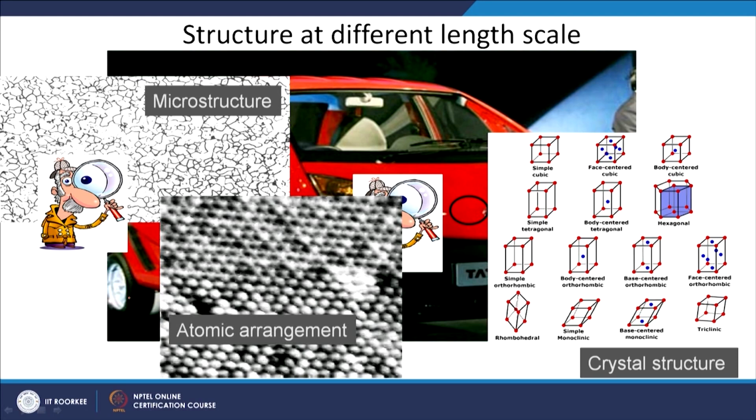In the subsequent slides or presentations you will see what we mean by this. As you go to a smaller length scale, there are more details in the material. What you see from the outside actually has a microstructure. If you go into more detail, you see atoms arranged in a specific fashion, and how they are arranged can be classified into these 14 ways, which are called crystal structures.